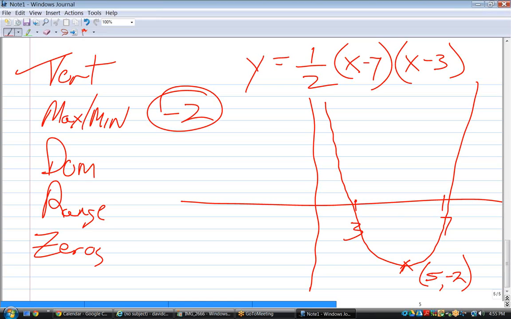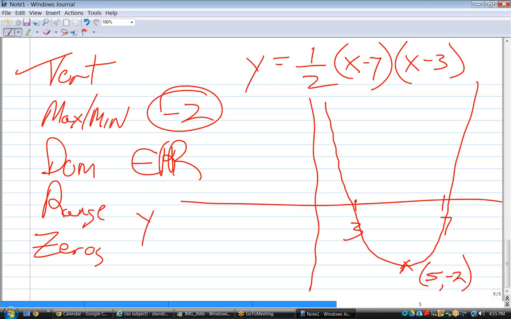Okay? What's the domain? All real numbers. What's the range? You have to do the interval notation, or? Yeah. Okay. No. What's the range in terms of y?